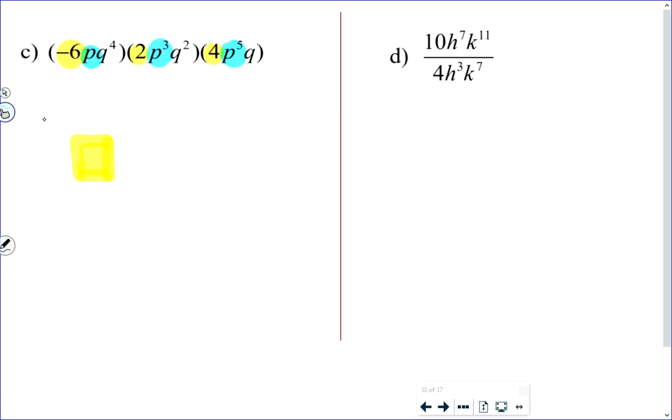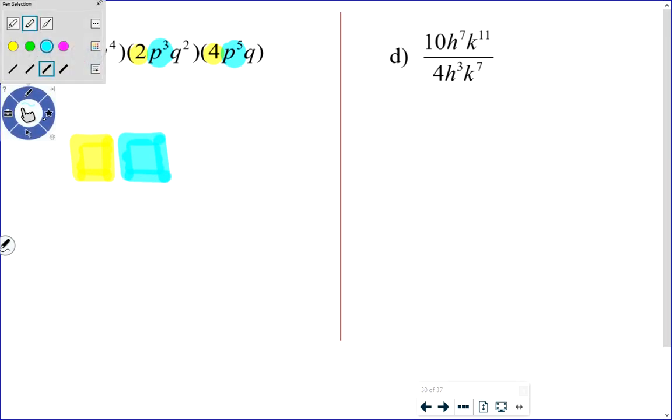When we multiply those base p powers together, we're going to get a base p power. And we also have base q powers that are being multiplied together.